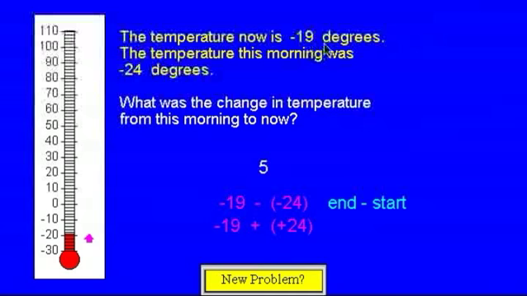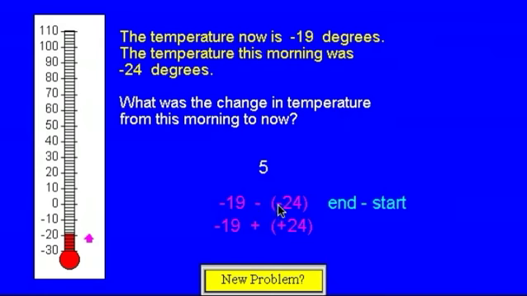Here, the temperature now is minus 19 degrees, and the temperature this morning was minus 24 degrees. What was the change in temperature from this morning to now? So you're going from minus 24 degrees to minus 19. So you're going from and to, so you could set up in the distance or subtraction format.